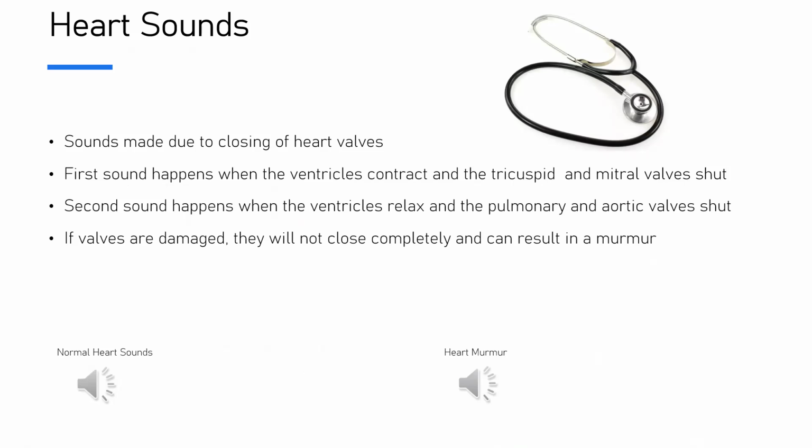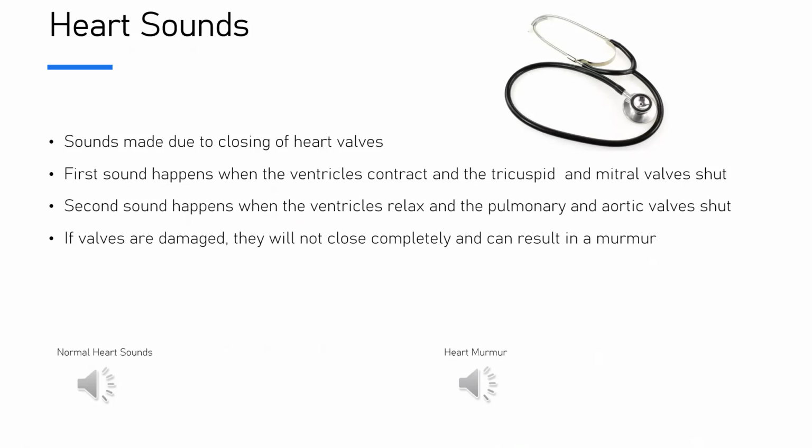So that first sound that we hear, that boom, is the ventricles contracting and the tricuspid and the mitral valves, the ones between the atriums and the ventricles, slamming shut.